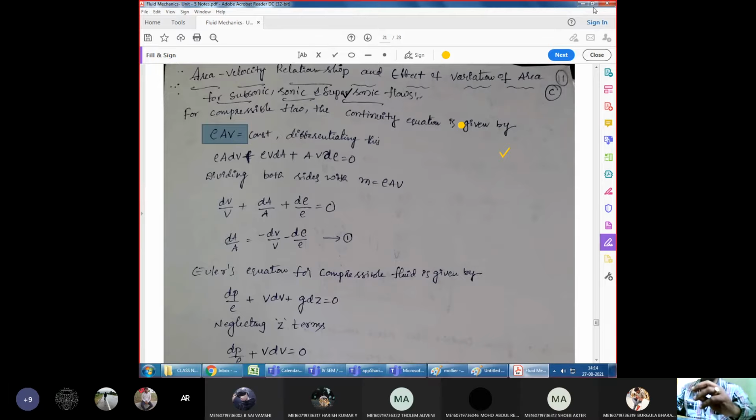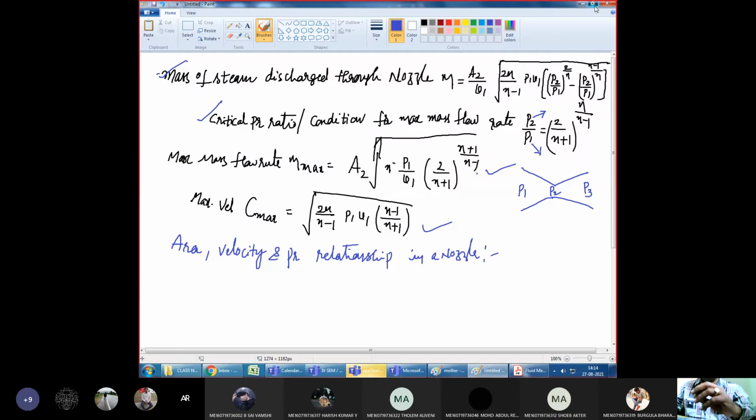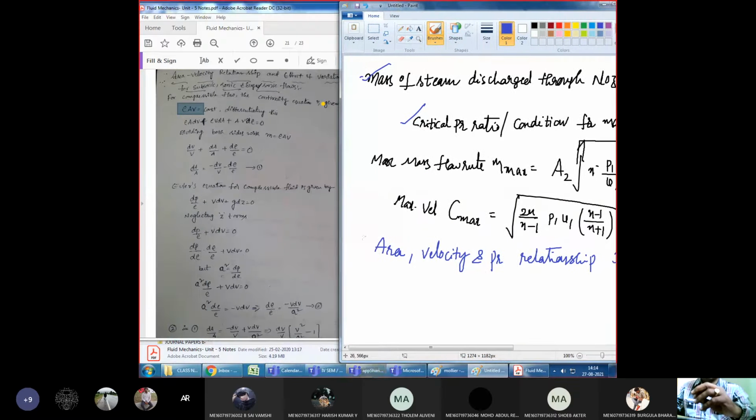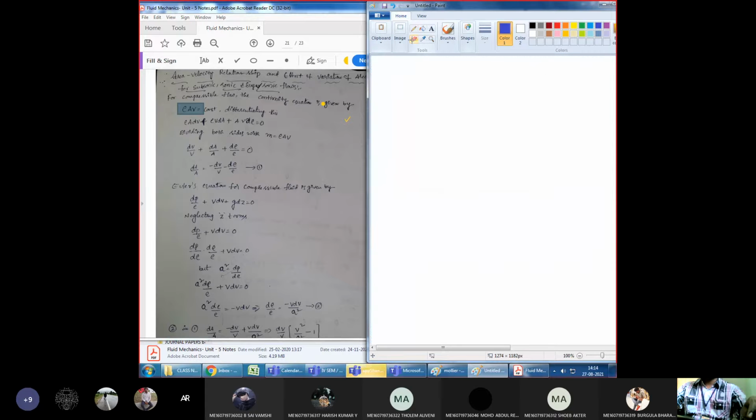Therefore, you get kg per second. According to the continuity equation, the mass flow rate is constant. Therefore, rho AV is equal to constant.